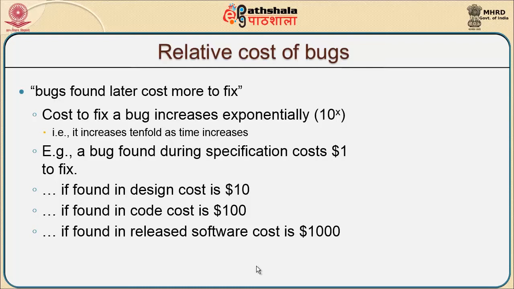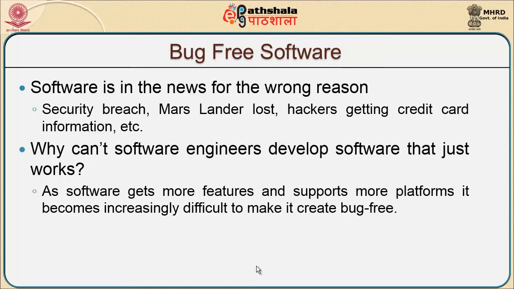If found in the design it would be $10, and if the same thing is found at the code level, it would take $100, and if found in the released software, it would cost $1000. So it is a tenfold increase that we could see as it goes to subsequent levels.